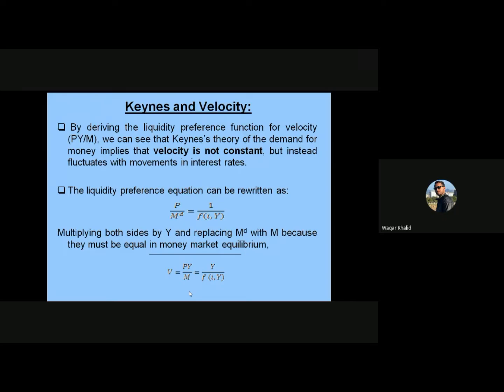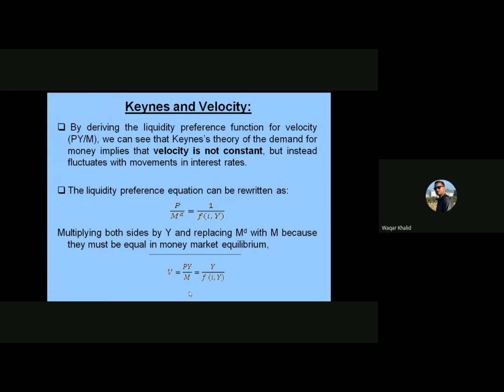Now multiplying both sides by Y and replacing MD with M, they must be equal in the money market. As you know, when the money market is in equilibrium, money demand is equal to money supply, so we can replace MD with M. MD is the demand for money, and M is the supply of money.